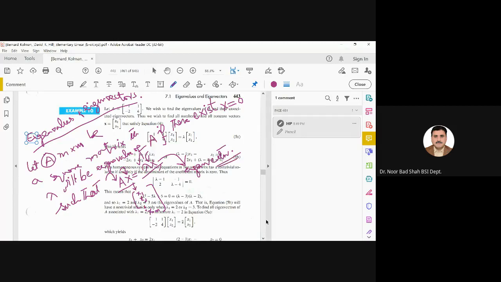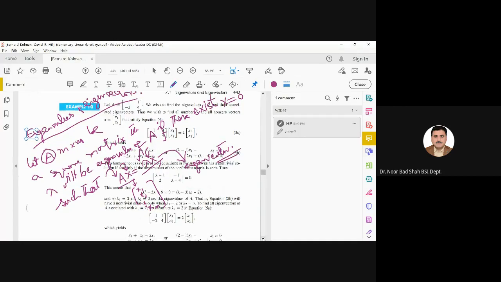Now, how do we do that? It's a very simple thing. This is the definition of eigenvalues and eigenvectors.